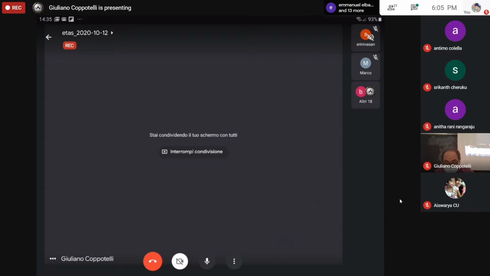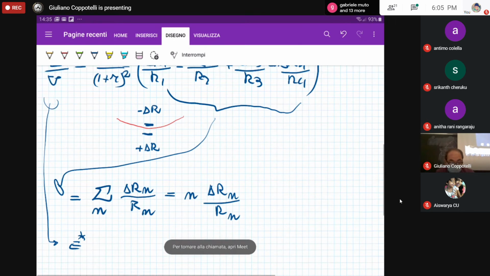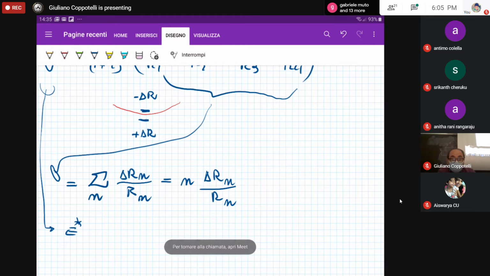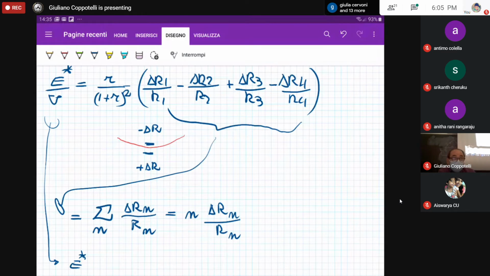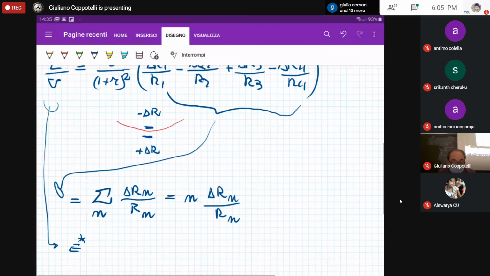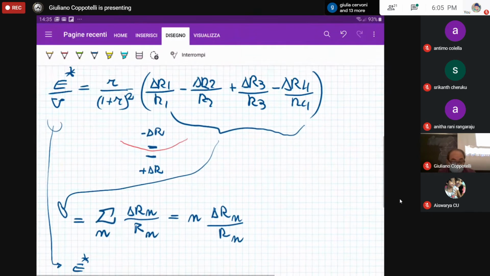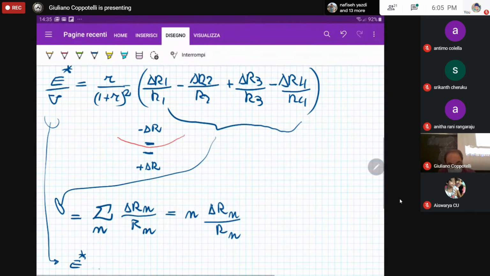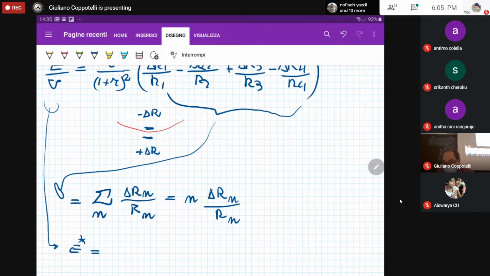So you can rewrite that equation, that summation sign, as a number of the active legs. So the resulting output tension E star could be rewritten as R over 1 plus R square.